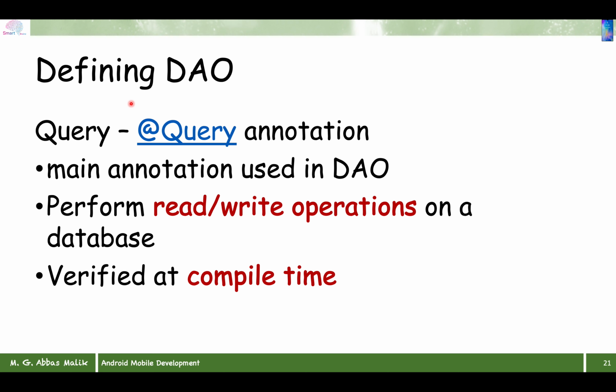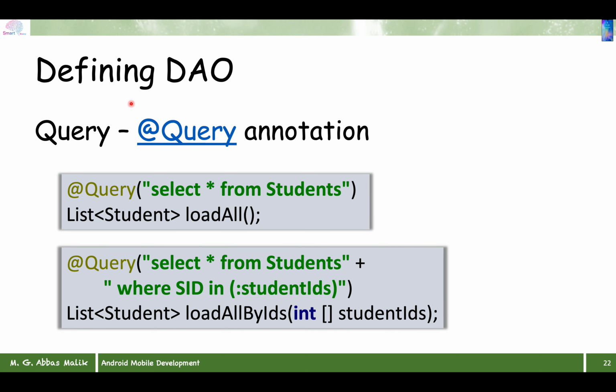The good thing about @Query and the DAO and the Room architecture is that these queries are validated and checked at compile time rather than at run time. So when you are writing the code and compiling, if there is a mistake in your query, it will be highlighted to you at compile time rather than at runtime.